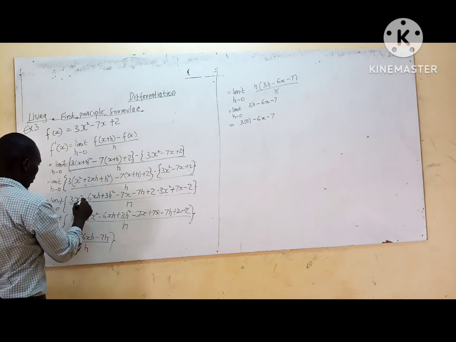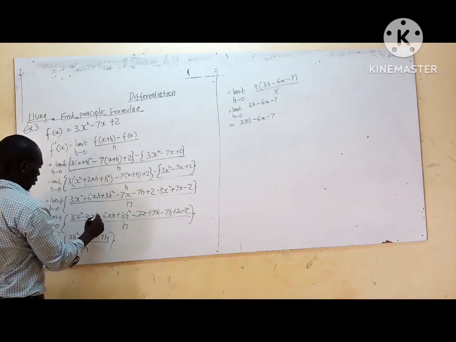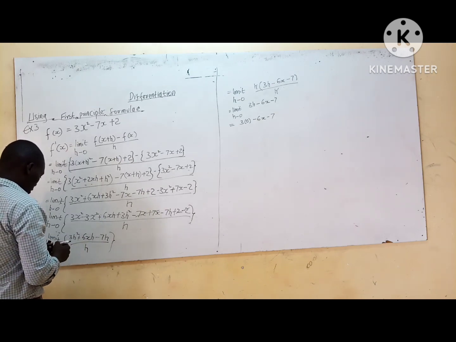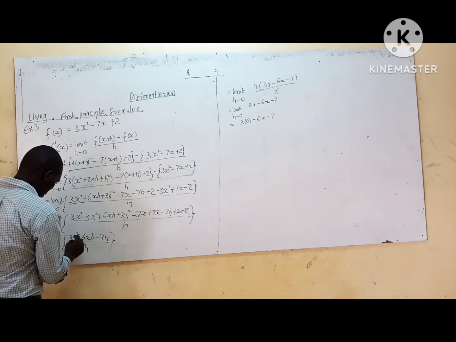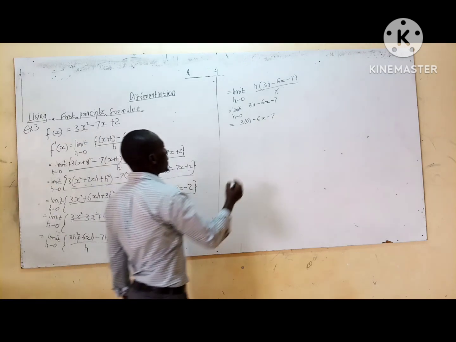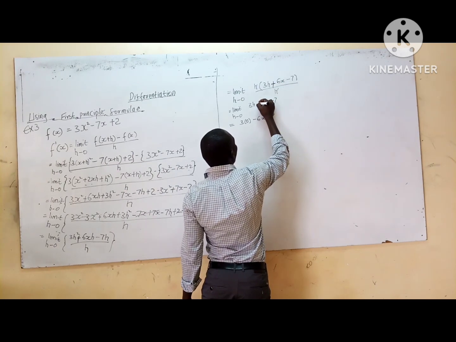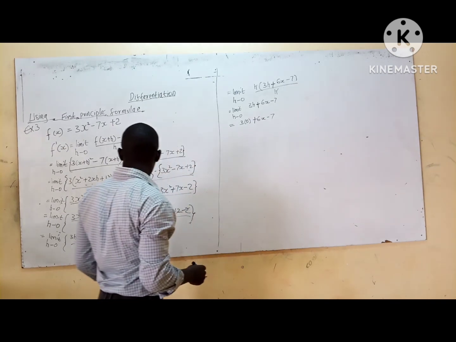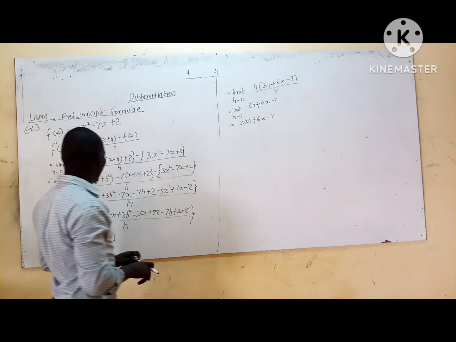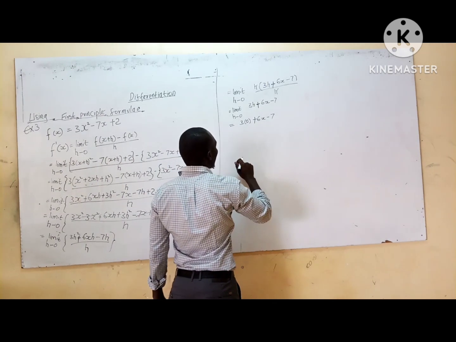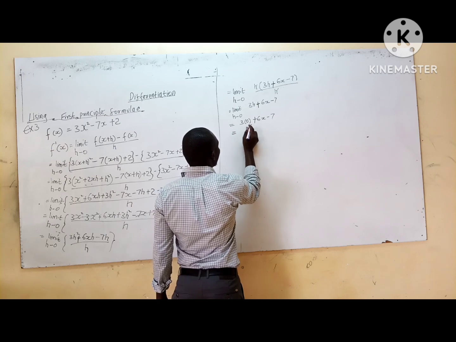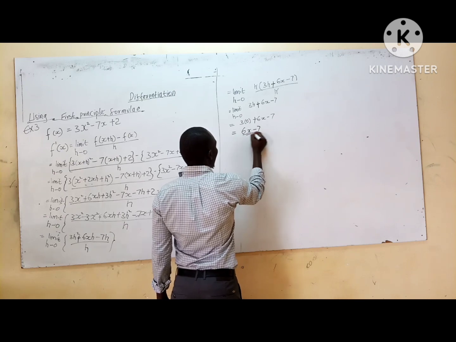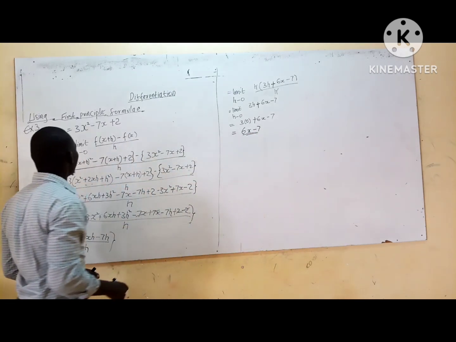Sorry, there was a sign that I changed. Sorry for that. And lastly, when we work out what we have here, this one will be 0, 6x minus 7 as our answer.